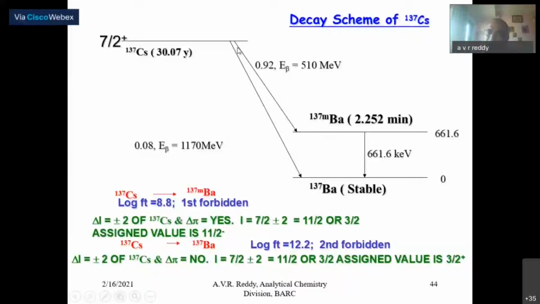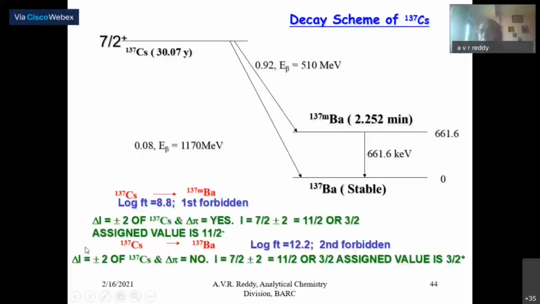From this, we can calculate the log-ft value, or vice versa. Once we know this, then the probability for the de-excitation we can find out. Is it a favorable de-excitation or not? Gamma de-excitation probability. This is the beauty of both beta and gamma decay.